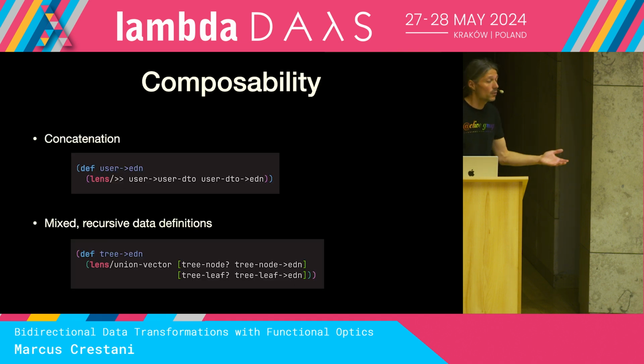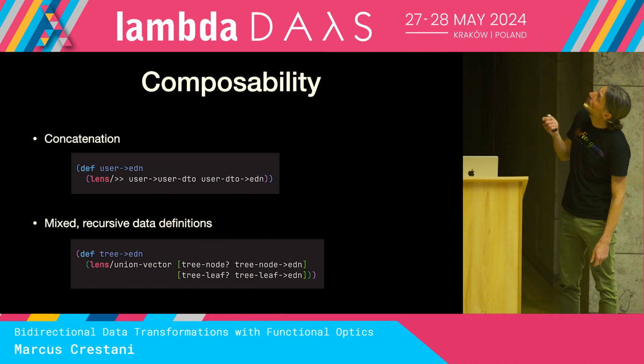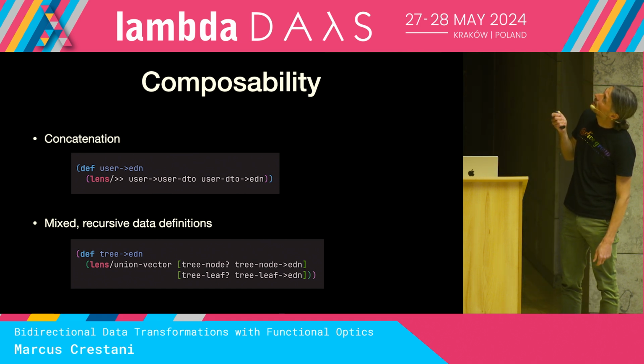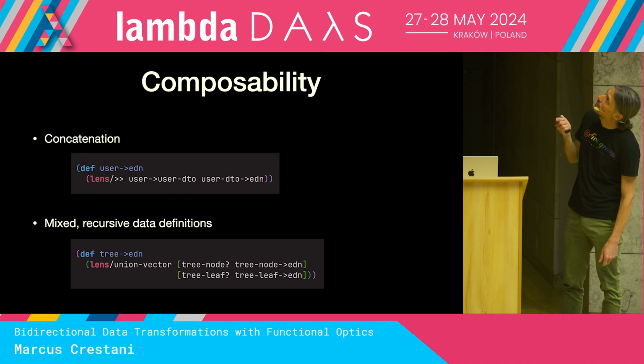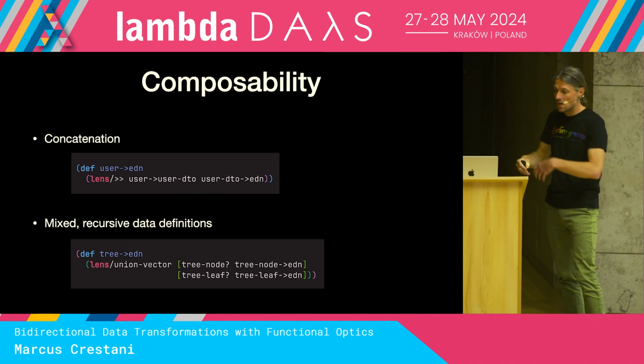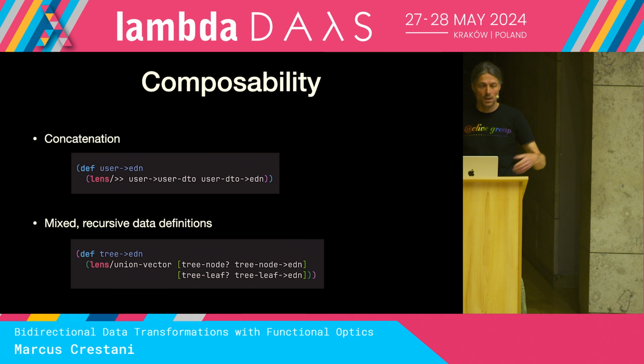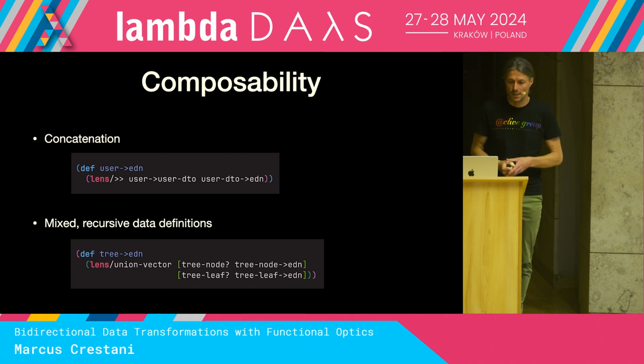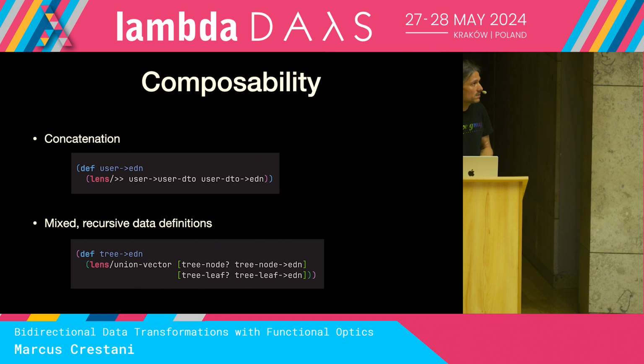And lenses compose elegantly. Here are two more examples. We can define a lens that hides the DTO representation. It concatenates our user-to-user DTO and our user DTO to EDN, and this way we have totally left the DTO outside. We've hidden the DTO, and it's as easy as just concatenating those two lenses.